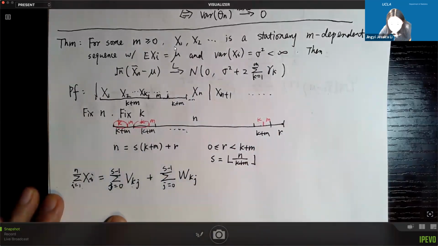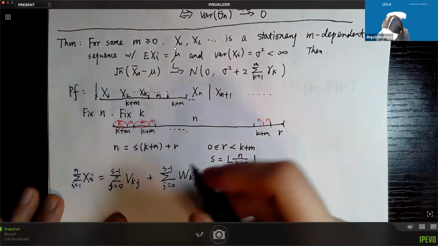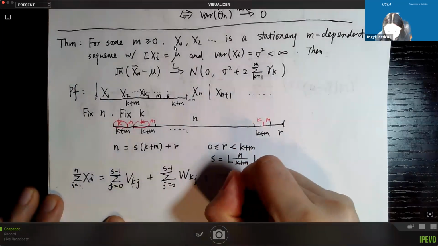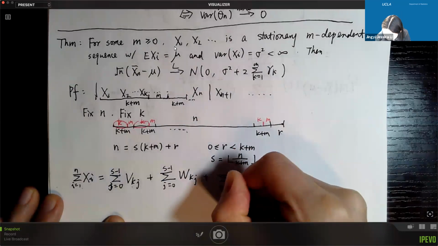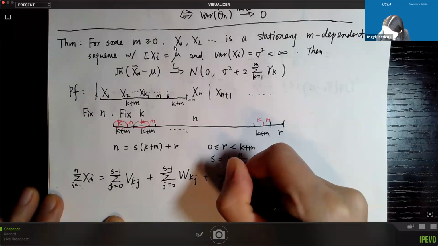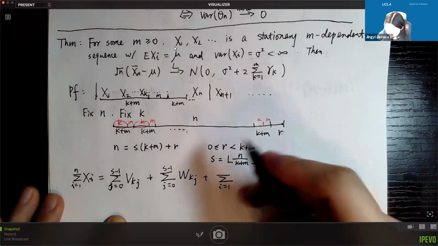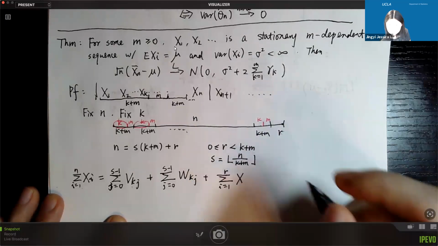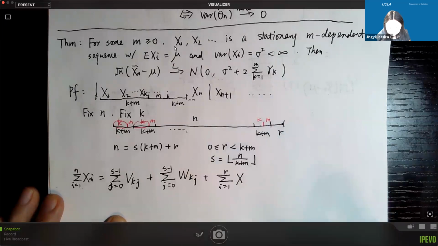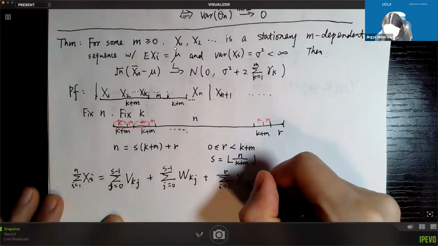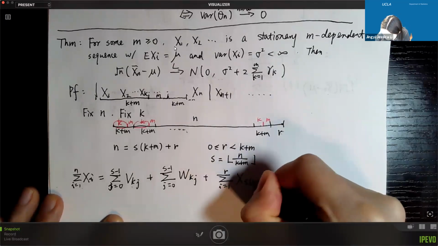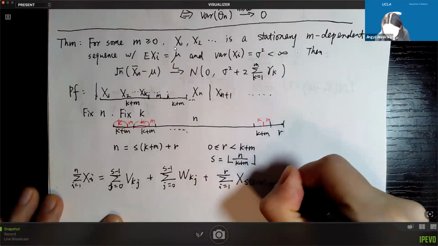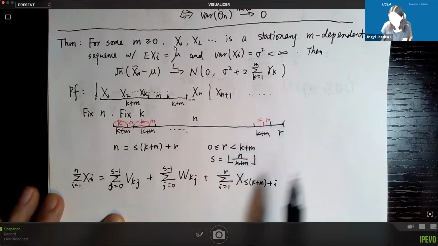And the last part, I can write as the sum over i from 1 to r. That's the last segment, and it's x of index s times (k plus m) plus i. You see, I'm just getting the index of the elements here.